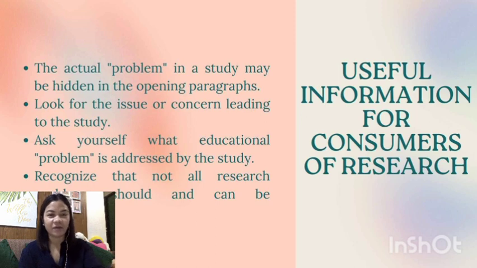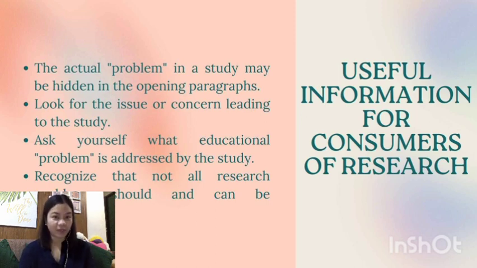Remember that we have the 5 elements of the SOP. It should attract your readers or maybe your panelists, showing that your problem or title is really good for the study and should be conducted for research. Also, the research problem statement should contextualize the problem.